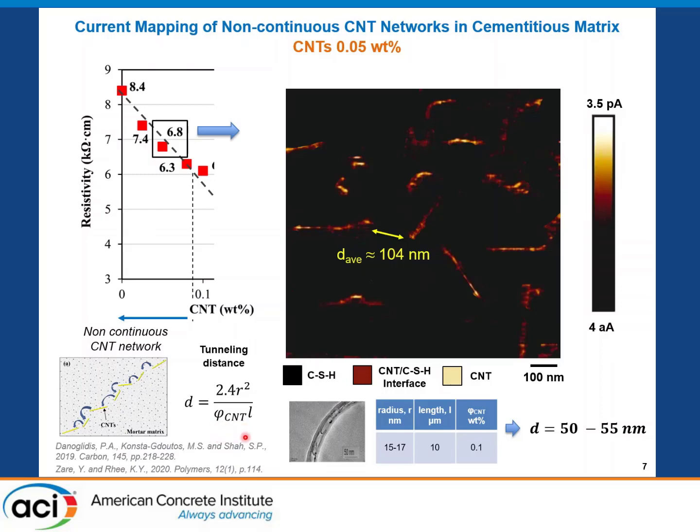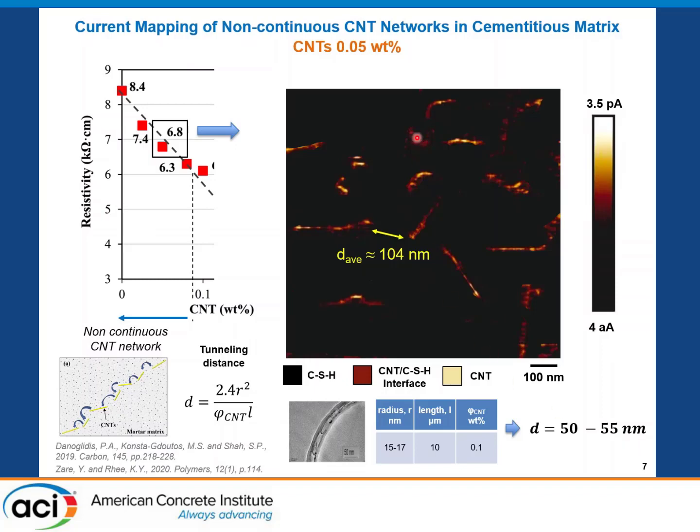And here you see the equation, and we did calculate the tunneling distance for our particular type of nanotubes, and it was found between 50 to 55 nanometers. With that said, we need a distance between nanotubes equal or less than this distance, so we can safely say that we are talking about a percolative network.